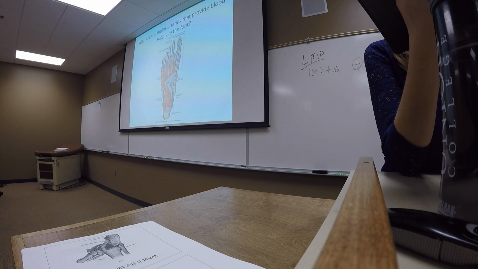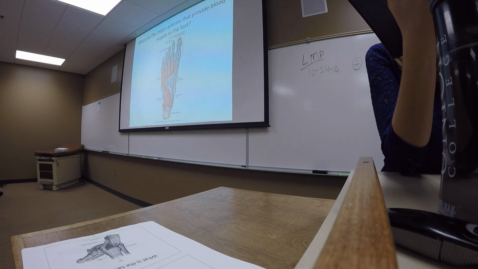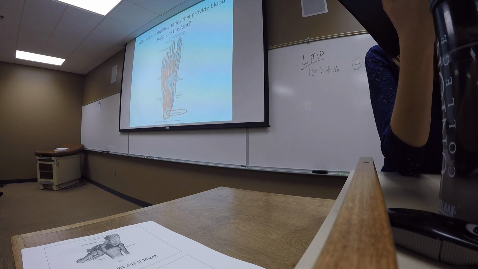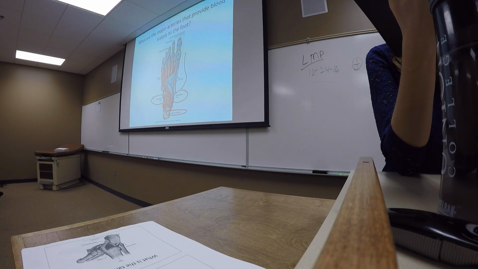Okay, so blood vessels supplying the foot. We start off with the posterior tibial artery coming in through the tarsal tunnel, and that splits into the lateral plantar artery and the medial plantar artery. The medial plantar artery basically supplies some of the medial structures of the foot and the great toe.